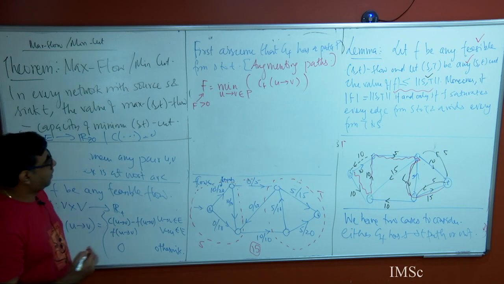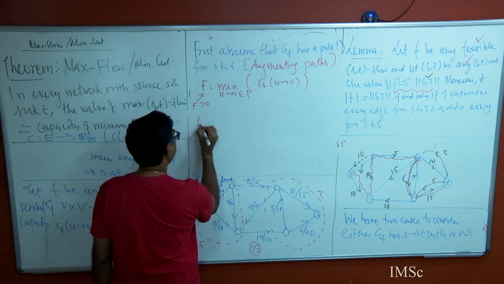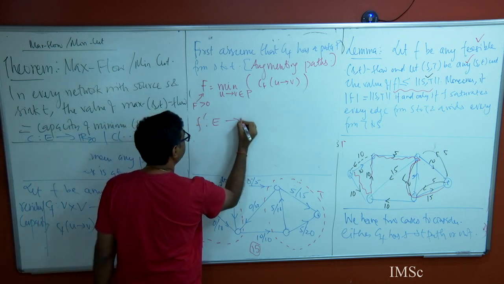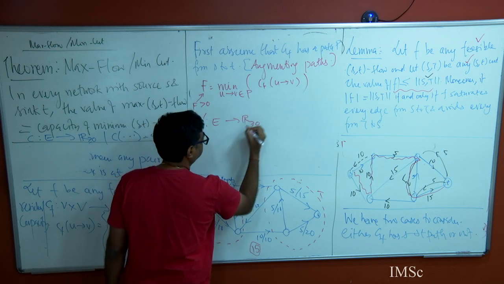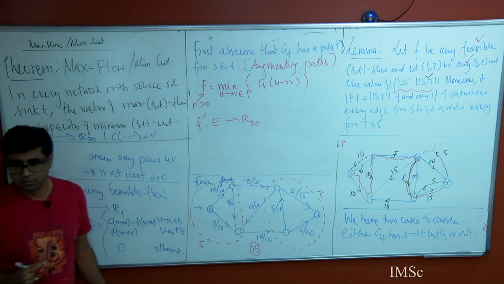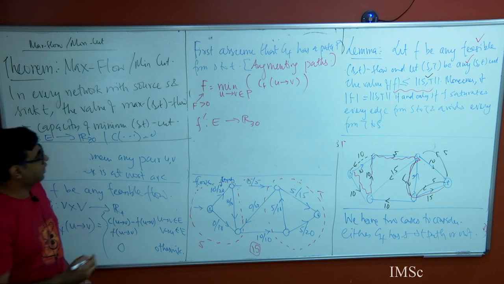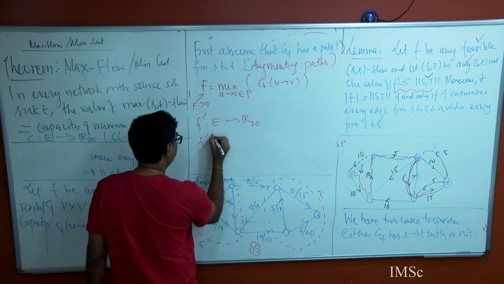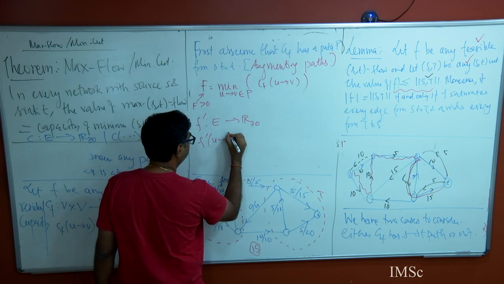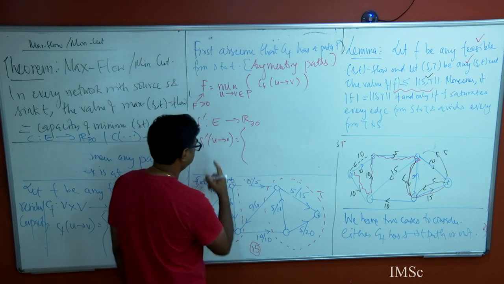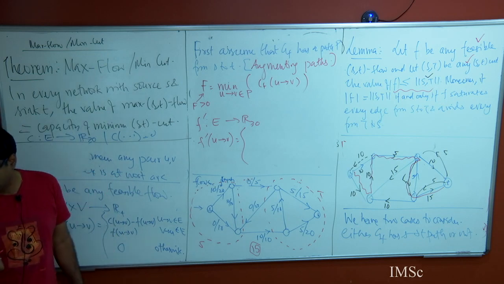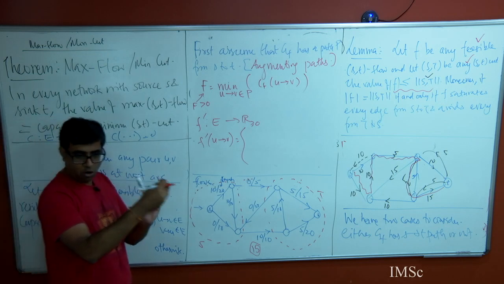So now I'm going to define a new function from E to R positive. I have to define a new flow function. So what is this new flow function? I say, well, look at f prime of u comma v. I have three cases. Either this edge belongs to the path.